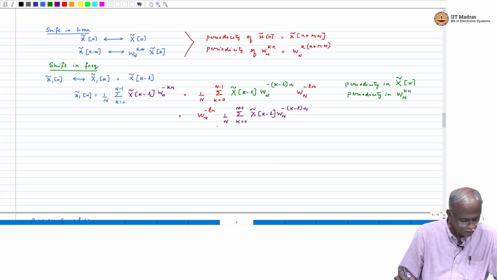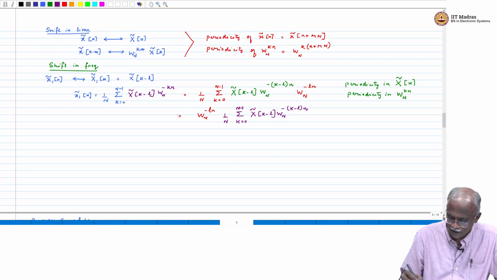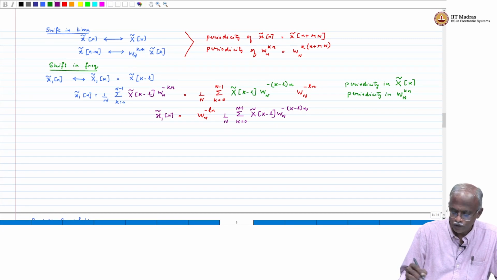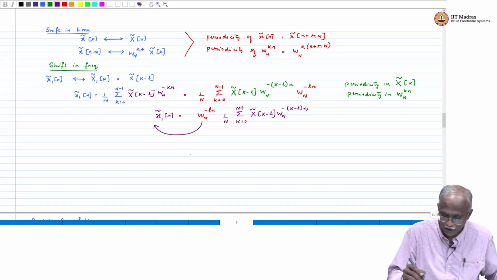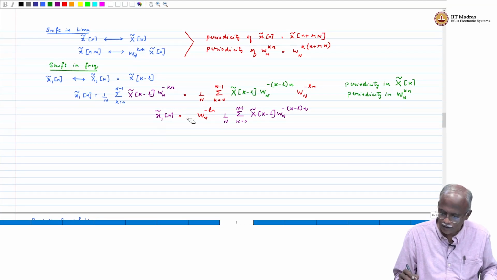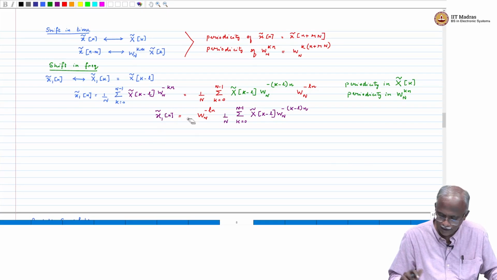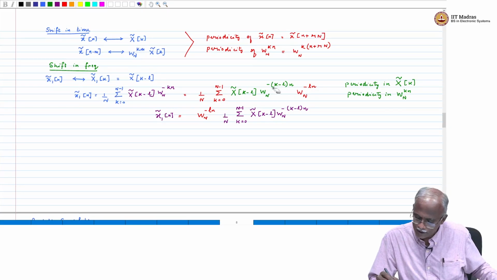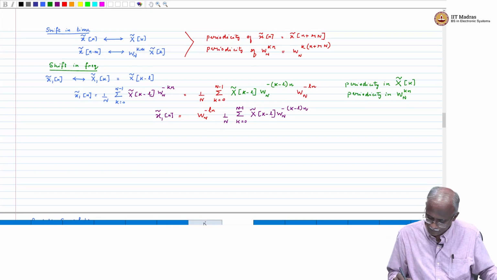Basically what we have shown is that this is equal to x1 tilde of n.